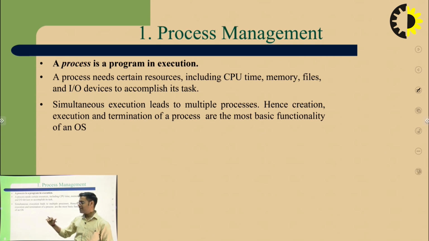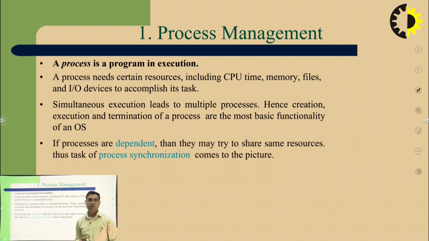So it is the responsibility of the operating system to manage these processes: which process comes first, which process goes first onto the CPU. All of this is the responsibility of the operating system for process management.